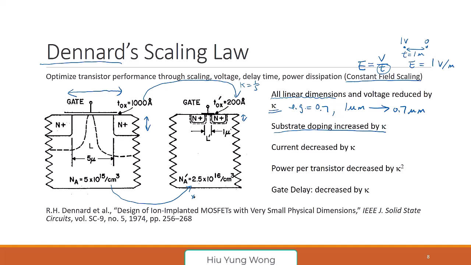It is increased by kappa. Sorry, to be more accurate, the kappa here is 5. The dimension is divided by 5 and the doping is multiplied by 5, because he said the dimension is reduced by kappa, but the substrate doping is increased by kappa. Here kappa is 5.